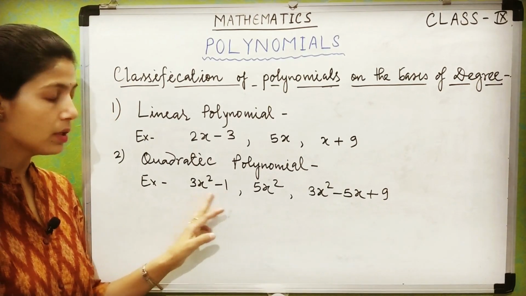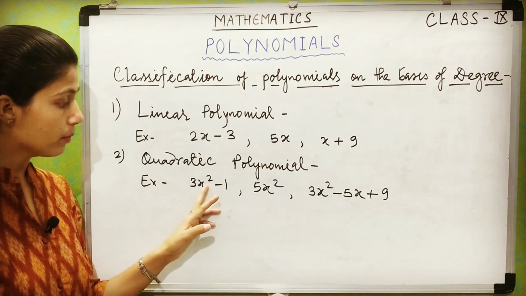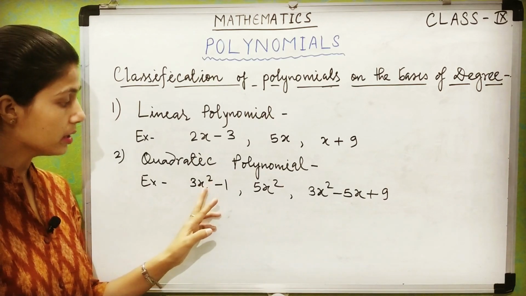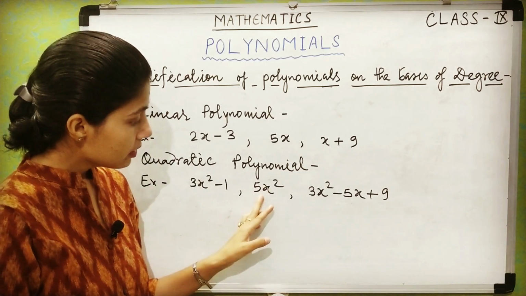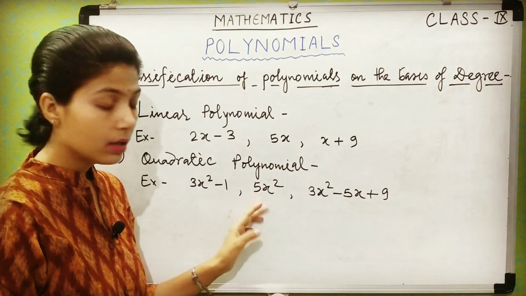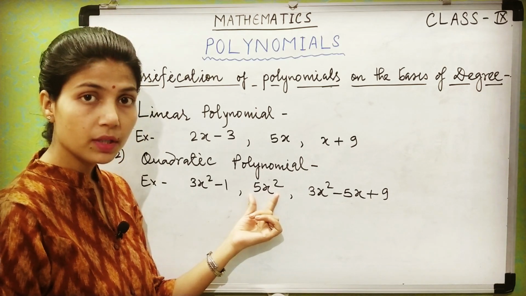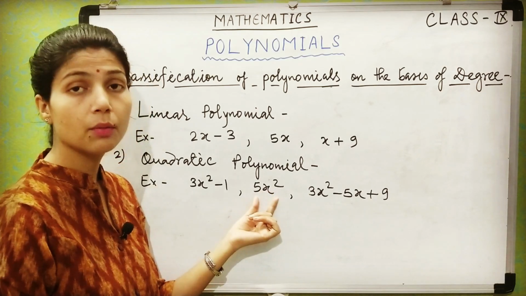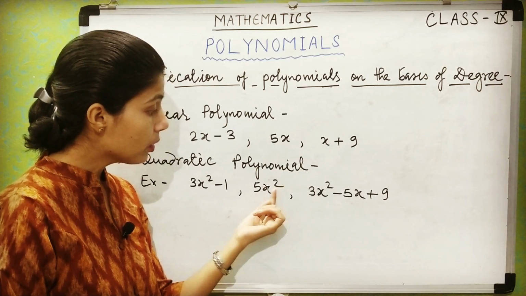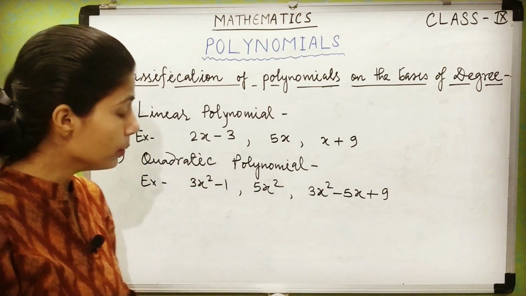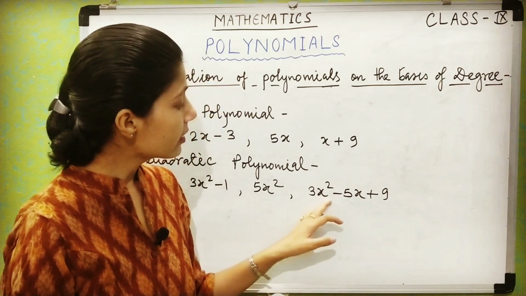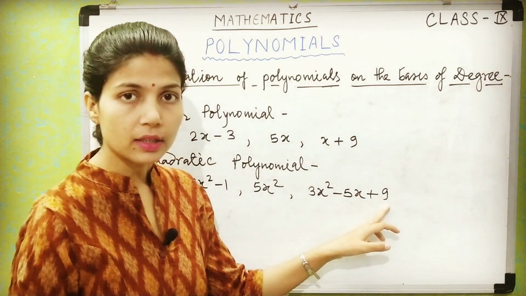Here there are 2 terms and the highest power of x is 2, meaning its degree is 2, so it will be a quadratic. And this has only 1 term here, but it is a polynomial and the power of x is 2, so it will also be a quadratic polynomial. Next is 3x square minus 5x plus 9.